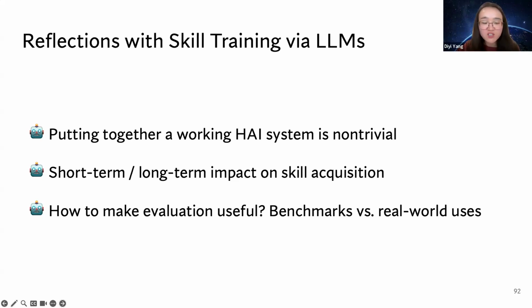The broader question I want to share is how we can make evaluation useful, because a lot of model development work looks at benchmarks or offline datasets that we collected. But if we want to build interventions and care about real-world use, there always seems to be a gap. So it's very critical to think about how we could mitigate that gap.